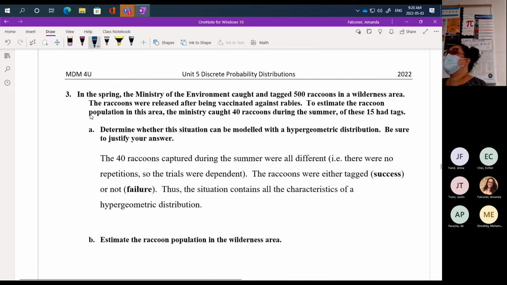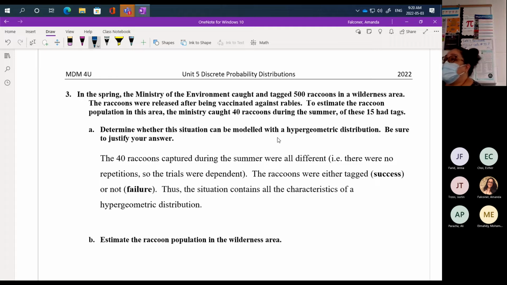Okay, so the last question that we're going to do is number 3. In the spring, the Ministry of the Environment caught and tagged 500 raccoons in a wilderness area. The raccoons were released after being vaccinated against rabies. To estimate the raccoon population in this area, the ministry caught 40 raccoons during the summer, and of these, 15 had tags.